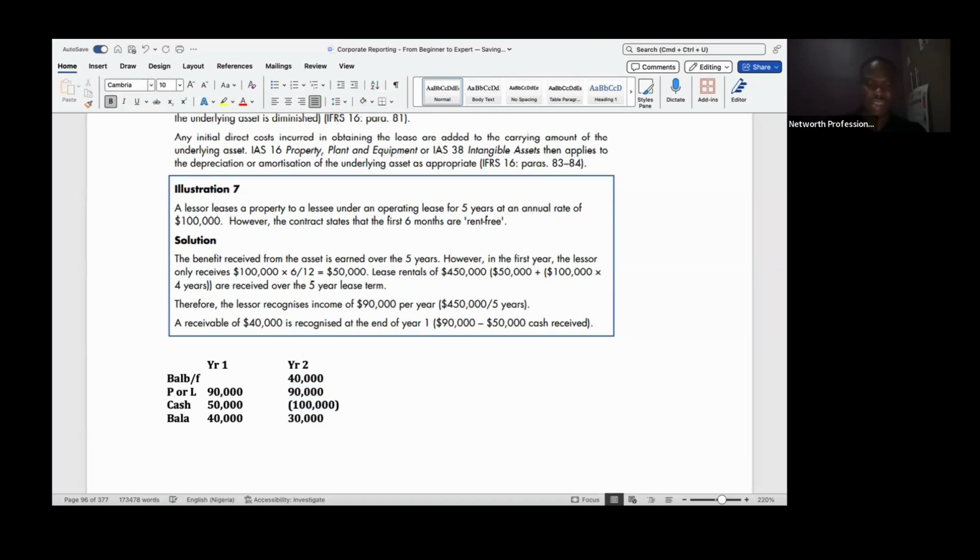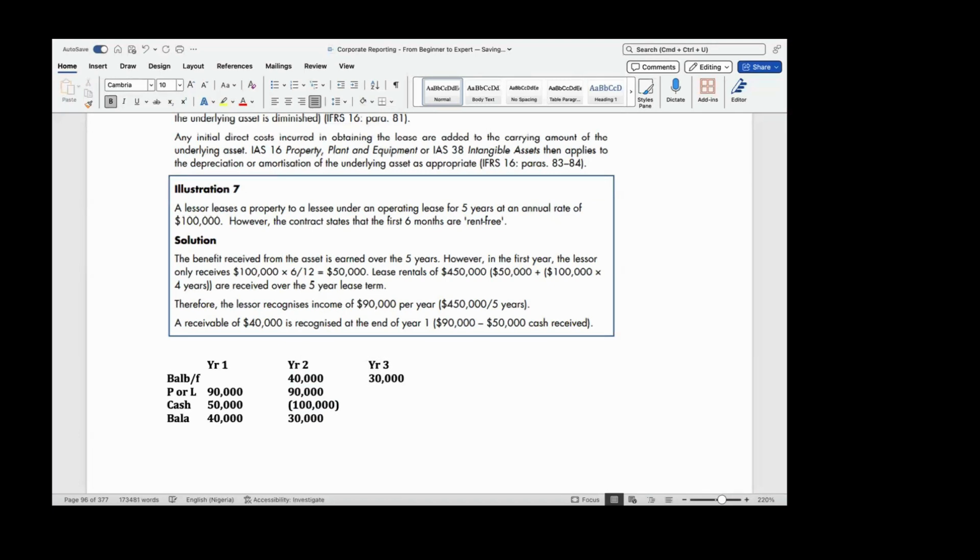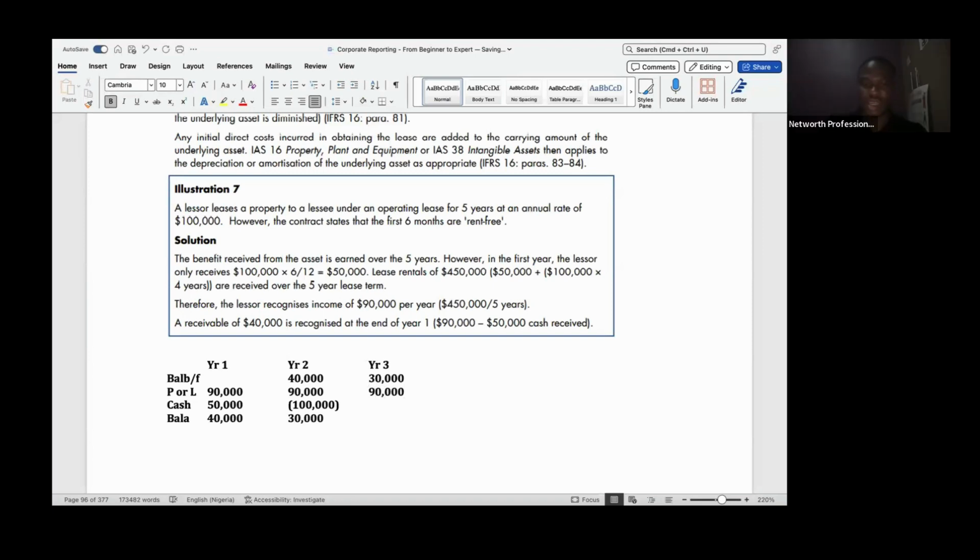Again, in year three, we are expecting 30,000. We are still going to recognize 90K to P&L, and we are going to collect 100K.